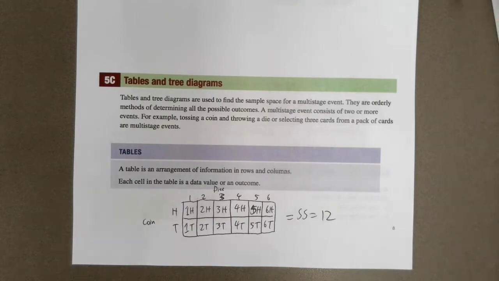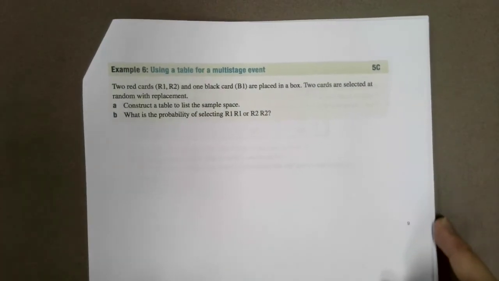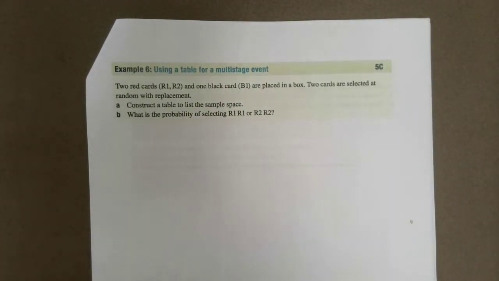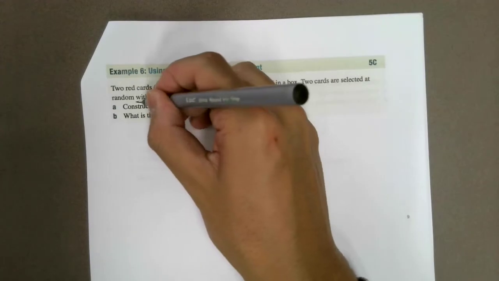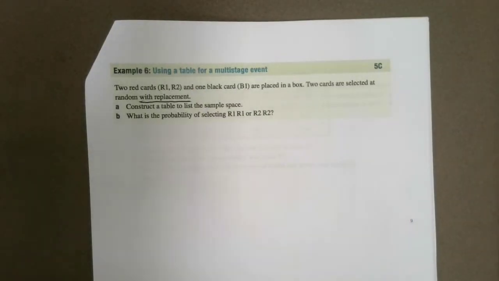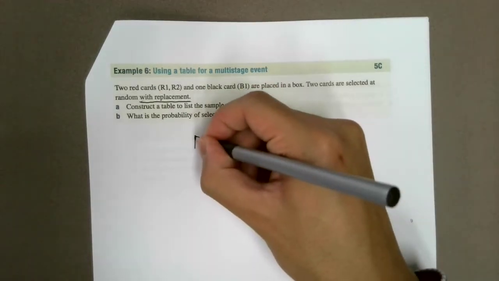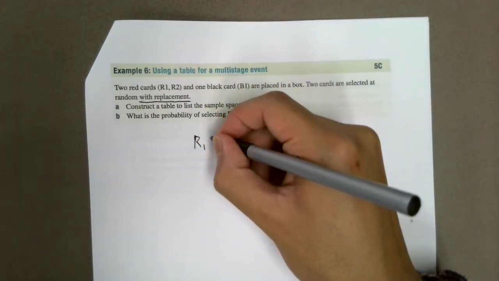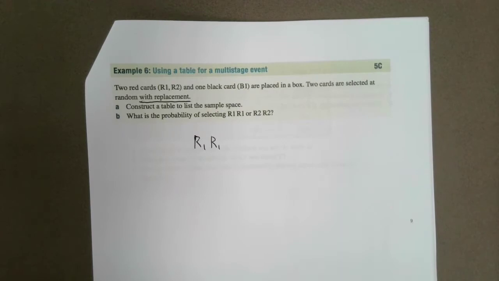Okay, so what we're going to do is, using different examples, we are going to create tables to answer our questions. Now, this question asks us about different cards placed in a box, and 2 are selected at random with replacement. Now, that's a key word here, because when we replace something, that means after drawing a red one, we could draw another red one, all right?